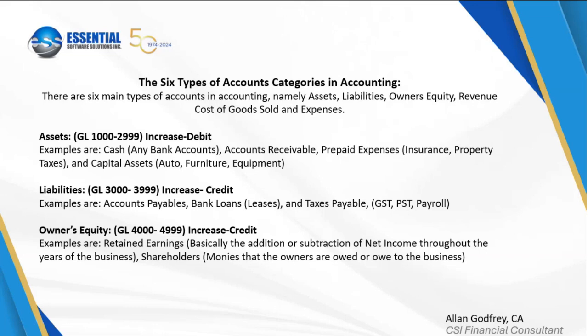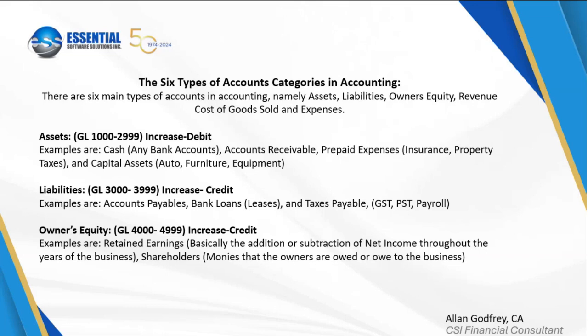Then you do a monthly journal entry that will credit the prepaid expenses for the $100 and debit the expense for insurance in this case, for each month, getting down to a zero balance. So that's how that works.